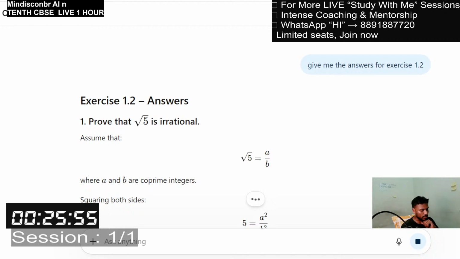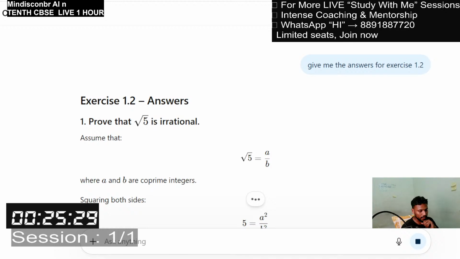Substituting this value of a is equal to 3c in this equation, we will get 3b square is equal to 3c the whole square. That implies 3b square is equal to 9c square.